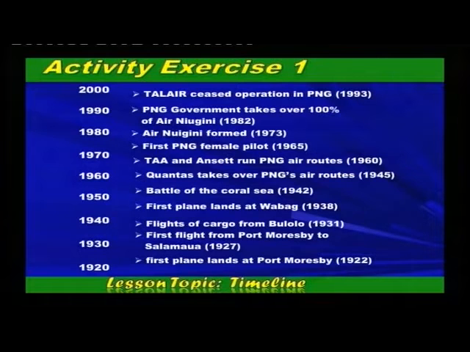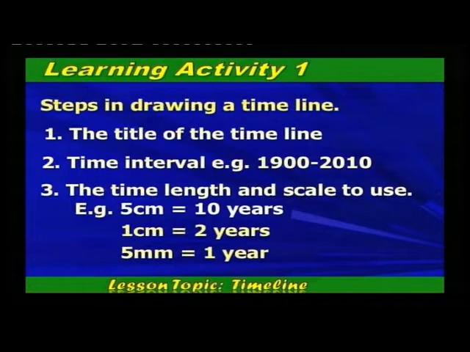Receiving teacher, please distribute 3 charts, big charts, cartridge papers. If you don't have that, distribute A3 papers or A4 papers so they can try to draw their timeline. Now, when drawing the timeline, I want you to have the title of the timeline.